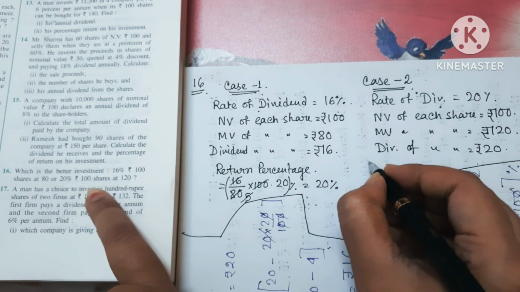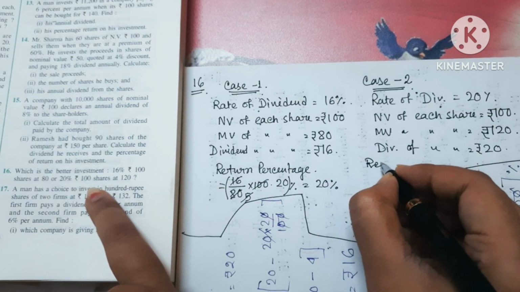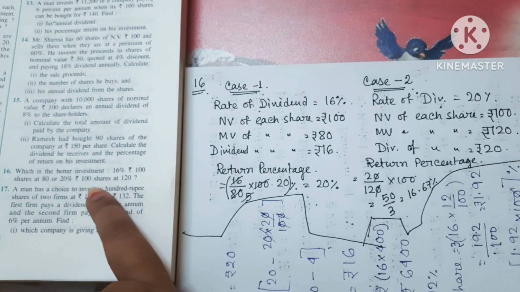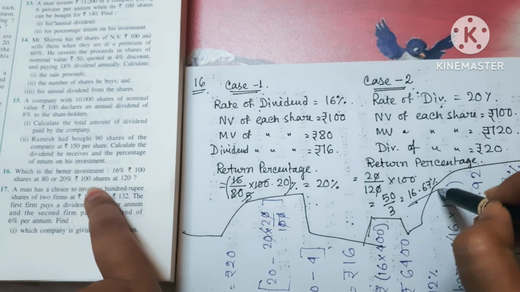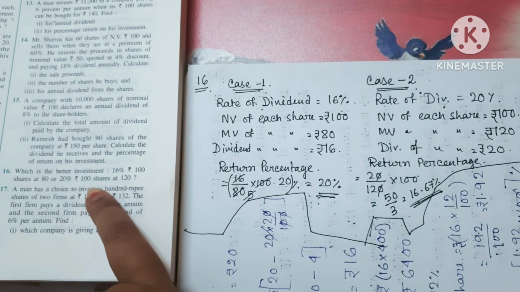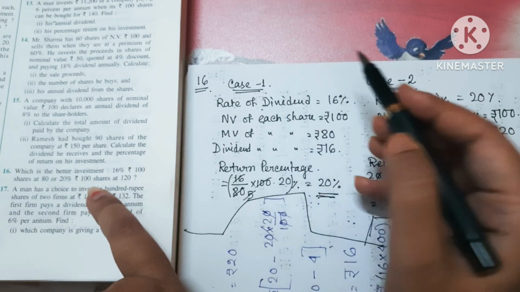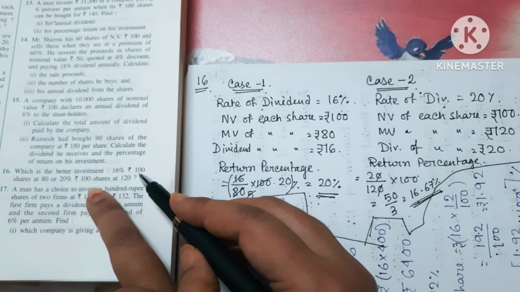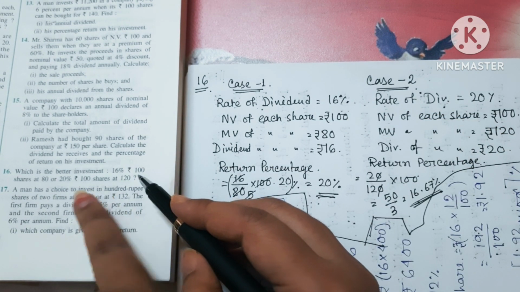So return percentage is equal to 20 by 120 into 100. So see this, in this case the return percentage is this one and this one is in case 1. So obviously case 1 will be the better investment. Okay, 16%, the first one will be the better investment.